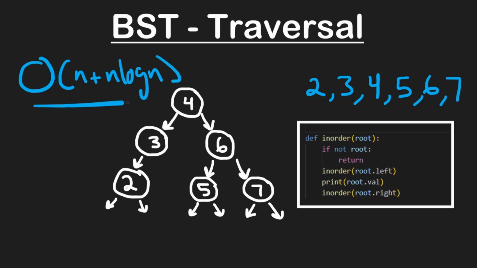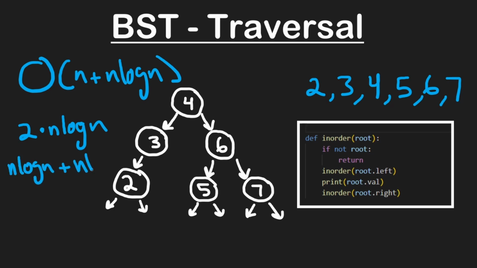So we can write the time complexity like this. But remember how I said that any constants are ignored? Like, for example, if we had 2 times n log n, we wouldn't care about the 2. And by the way, in terms of math, this is equivalent to saying n log n plus n log n, right? That's the same as 2 times something.